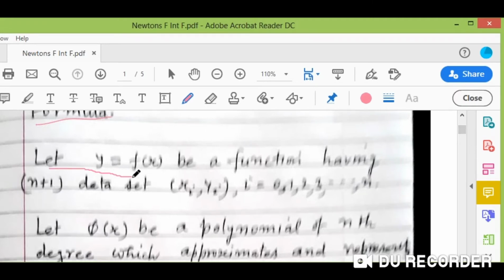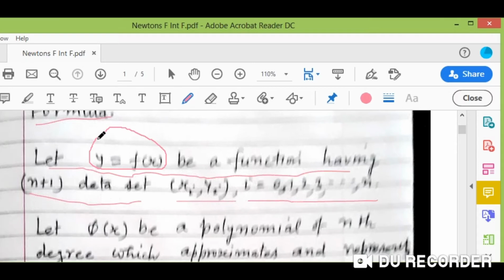So let us consider a function. You look at this screen, y is equal to f(x) be a function having n plus 1 data set (xi, yi), i ranging from 0, 1, 2, 3 up to n. Let phi(x) be, this is the very simple type of function we have chosen here, a general form of function.